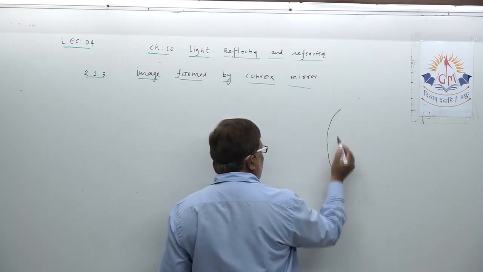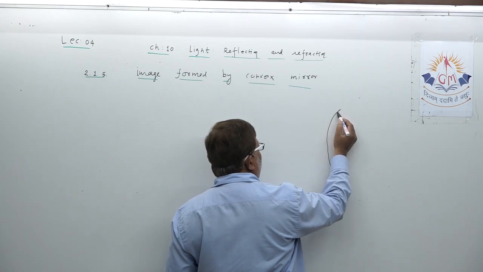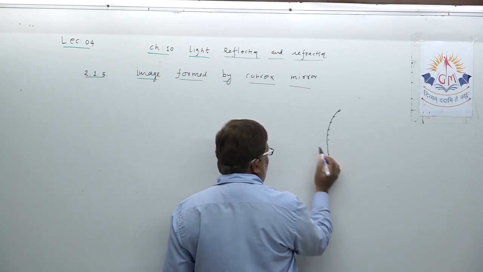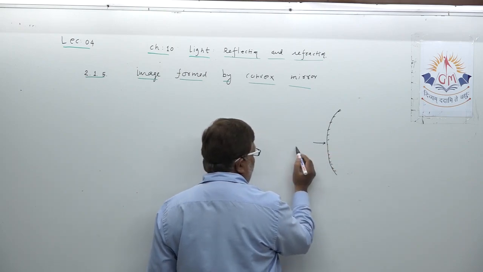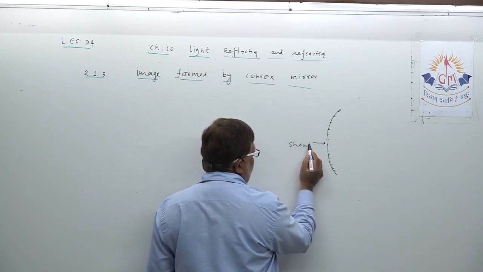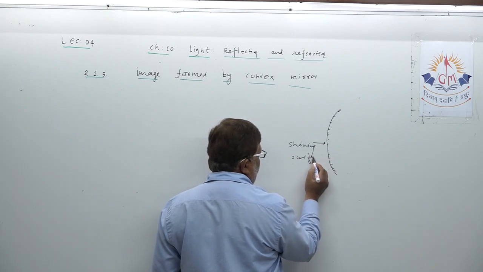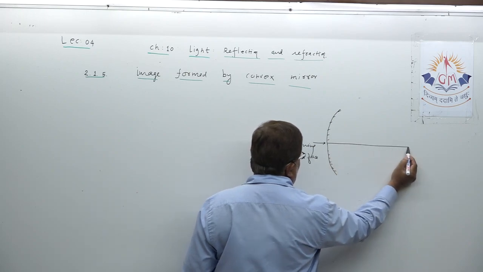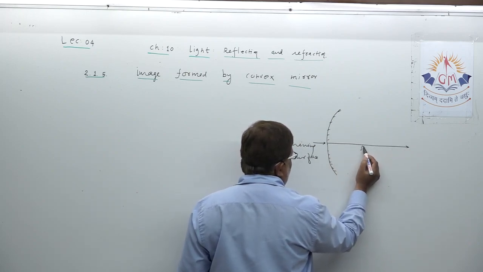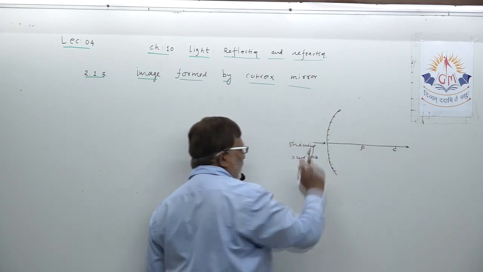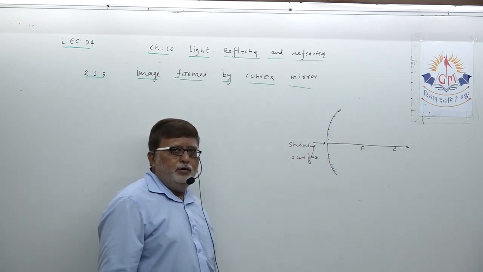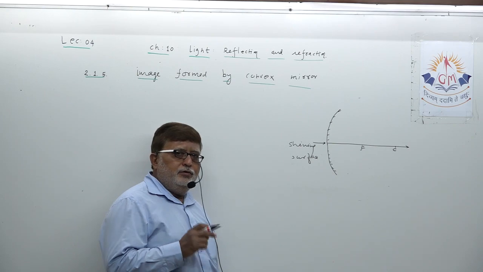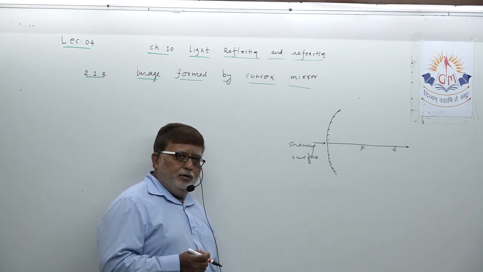You all know in concave mirror, the inner side is painted opaque, black, whatever, and the outer is the shining surface. In case of convex mirror, whenever you draw it, focus and center of curvature are behind the mirror. Understand? Because convex mirror is a diverging mirror. It is not a converging mirror like concave.